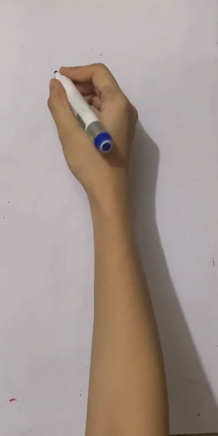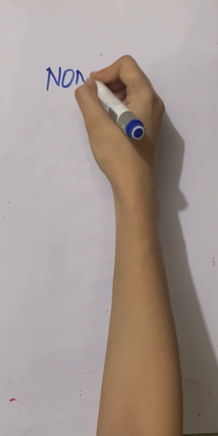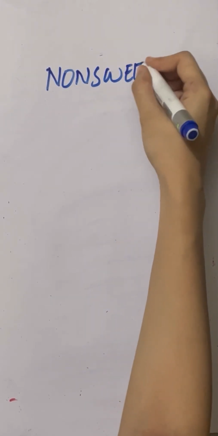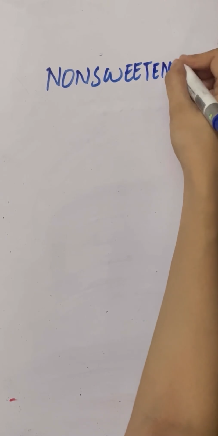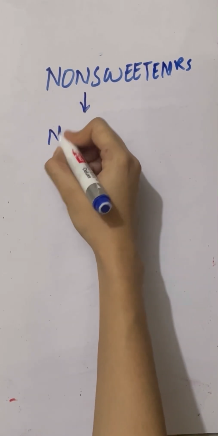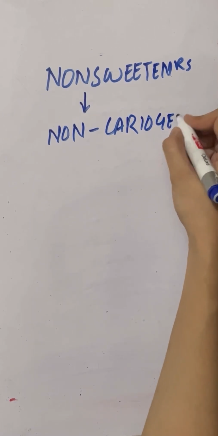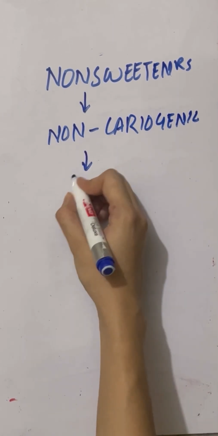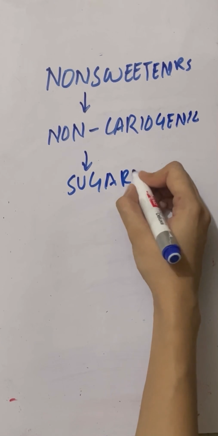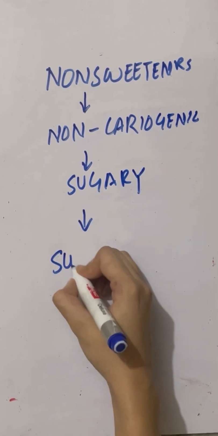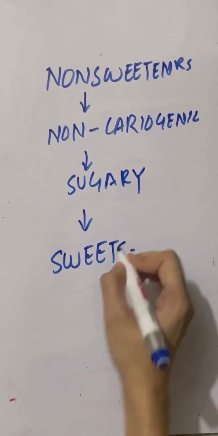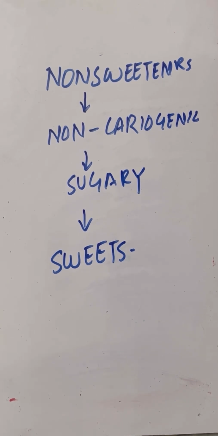Then comes a thing called non-sweeteners. What are non-sweeteners? These are non-carcinogenic foods not containing sugar but are sweet. There are two types of non-sweeteners.